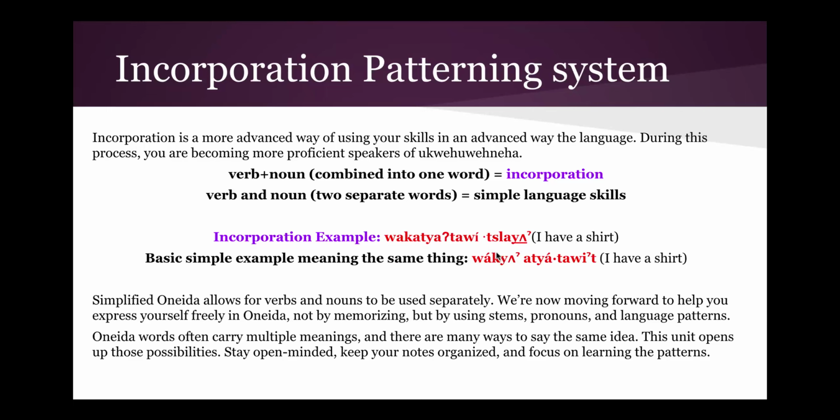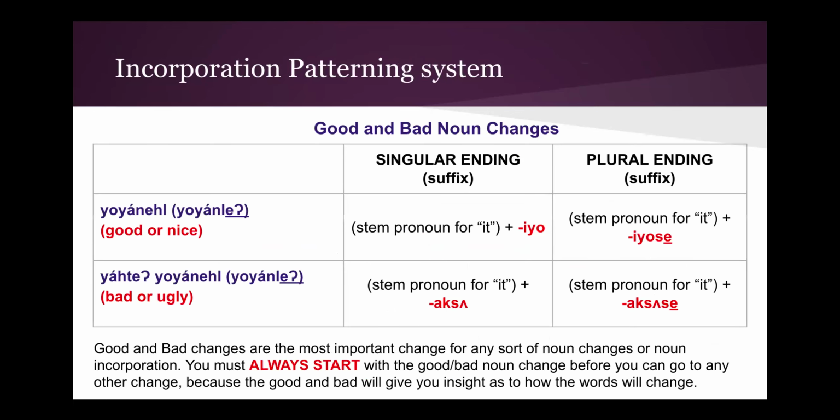It's a C stem objective pronoun when there's no noun in between the K and the Y. So when you incorporate, the noun that you incorporate is going to dictate what pronoun to use. And so we'll find that out on the next few slides too. There's some examples of that.